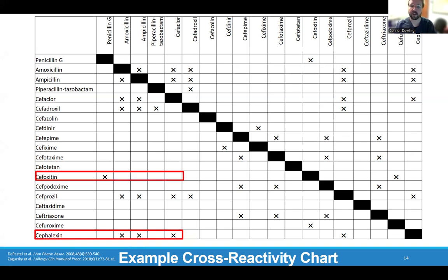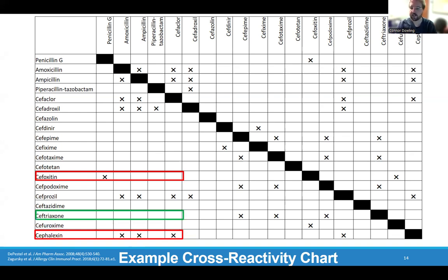Cefoxitin, on the other hand, only shares that similar side chain with penicillin, but not with ampicillin, amoxicillin, or cefaclor. This starts to show the debunking of generations being able to determine cross-reactivity by themselves.